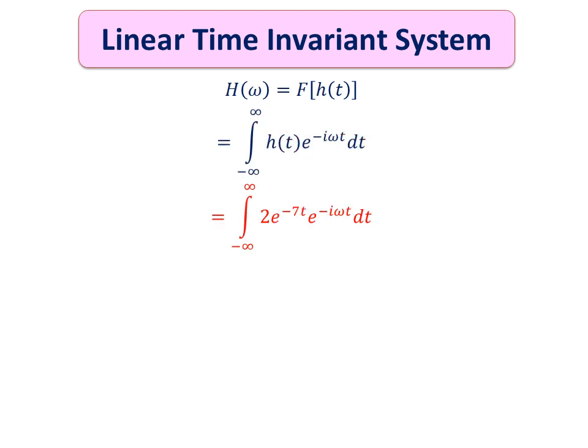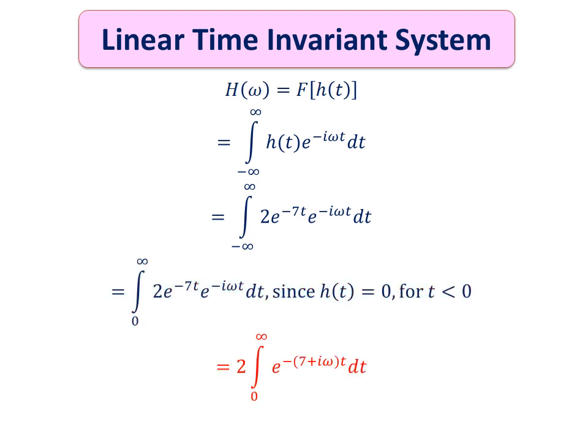Here h of t is defined as 2 times e power minus 7t, and since h of t is not given for any time t less than 0, we assume it to be 0, so that our limit will be from 0 to infinity. The negative part takes 0, so the entire contribution will be 0.